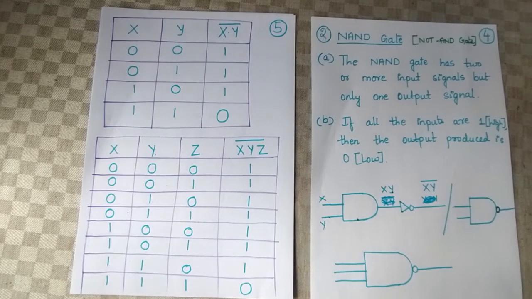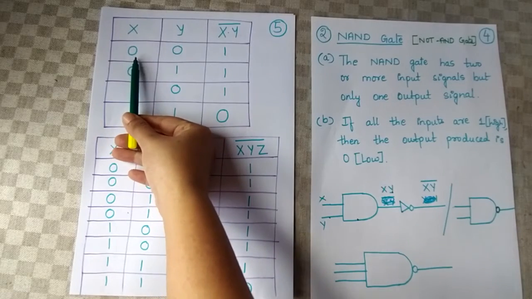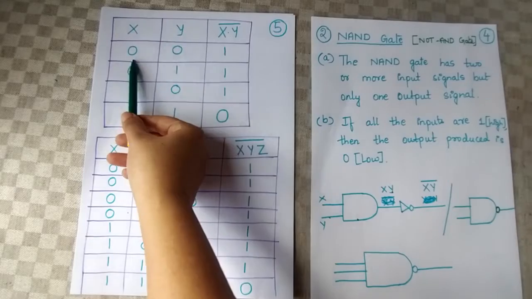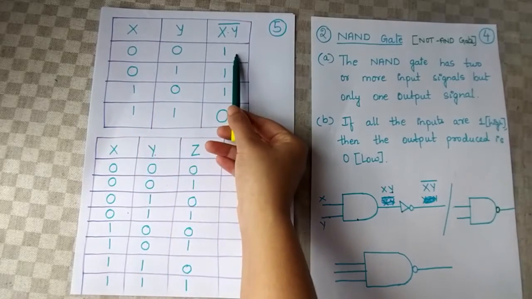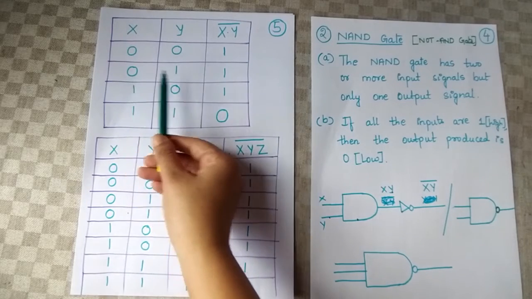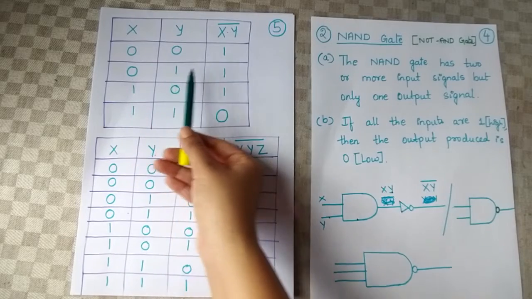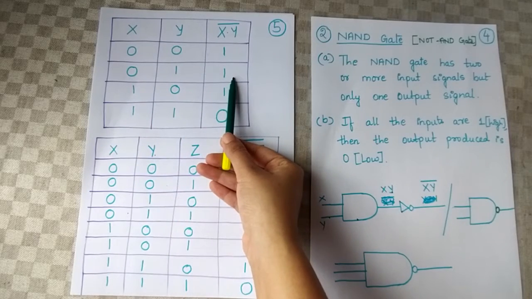Okay. Now see. You have the first combination of values 0, 0. Since both are low, the result is going to be high, that is 1. See the next combination 0, 1. So here one input is 0 and the other is 1, that is why you get the result as 1.